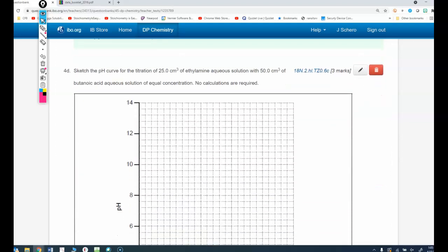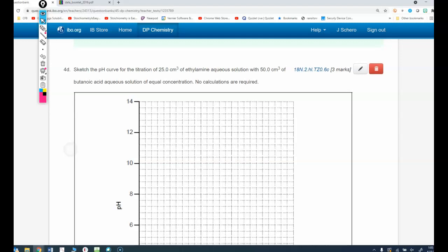4D: sketch the pH curve for the titration of 25 centimeters cubed of ethylamine solution with 50 centimeters cubed of butanoic acid of equal concentration. No calculations are required.